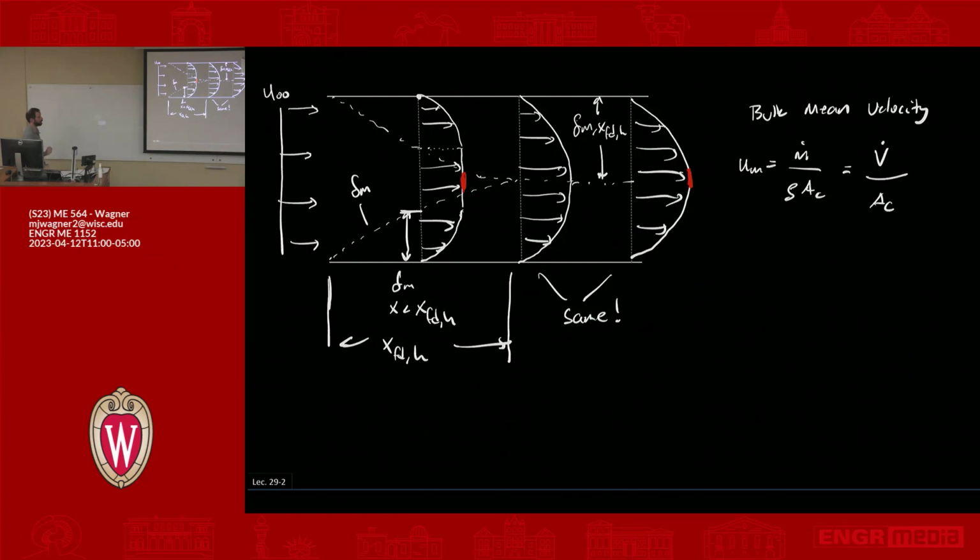So that's just a way of saying what's my average velocity in this profile. And that doesn't change, right? That average velocity is not going to change as a function of position, but you do get a redistribution as you move forward.